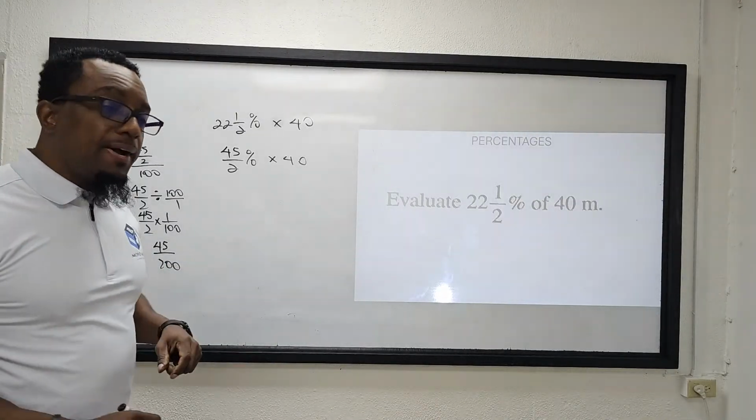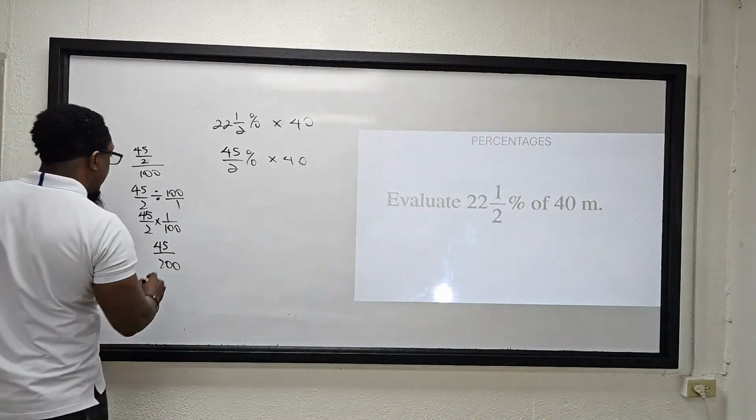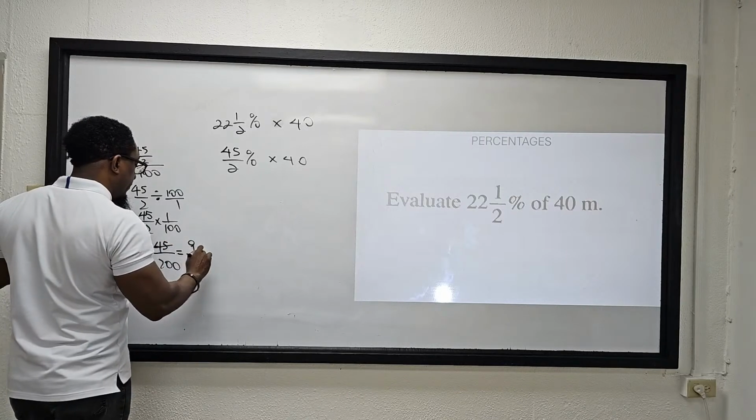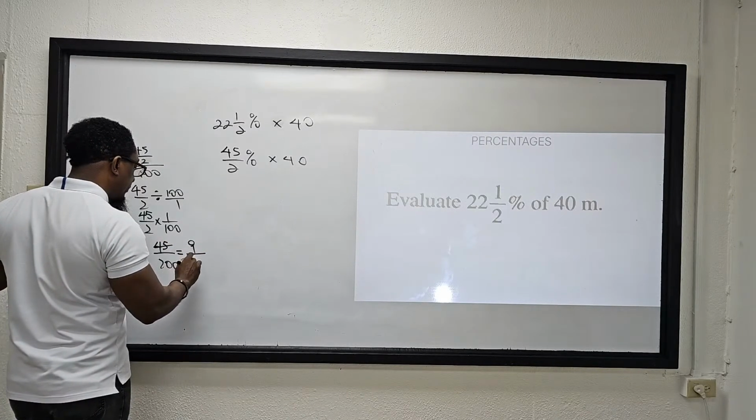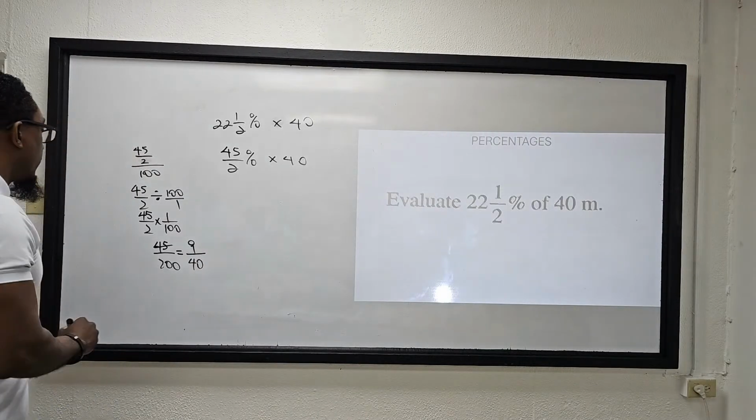And I can simplify: 5 can go into 45, 9 times, and 5 can go into 200, 40 times.